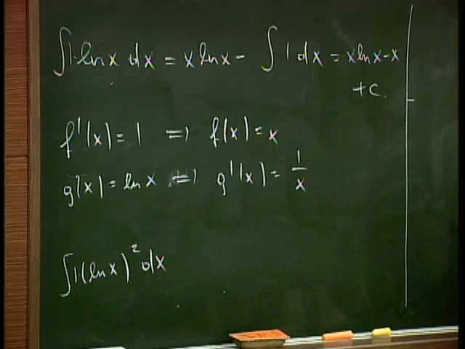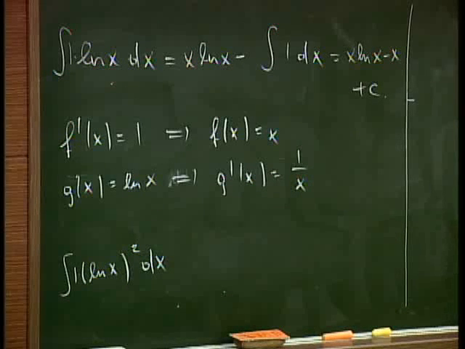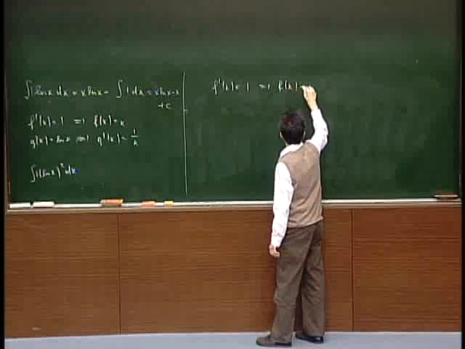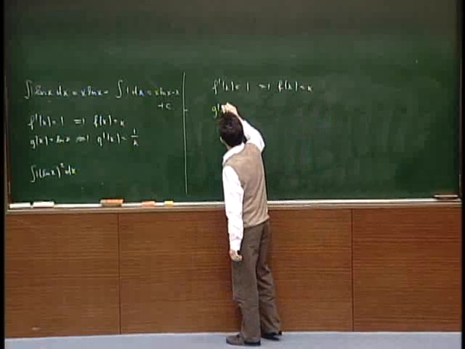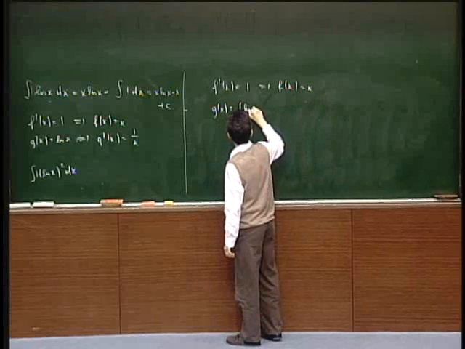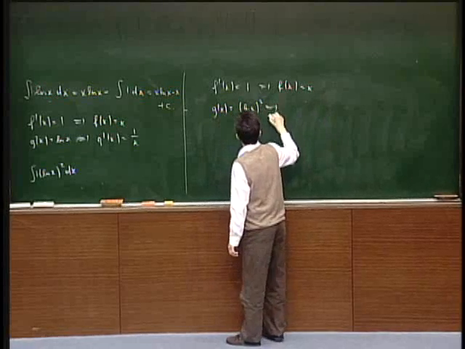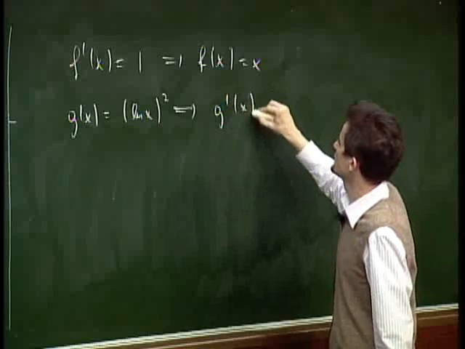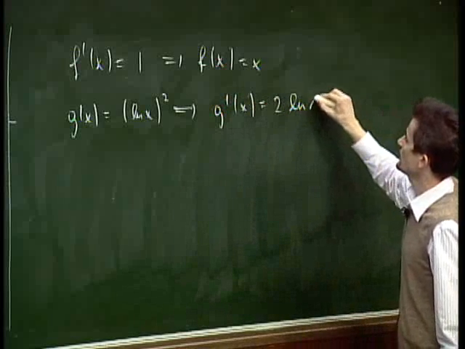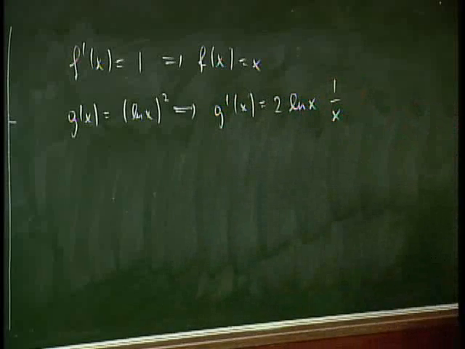Again you choose the derivative of f of x to be equal to 1. So the integral will be equal to x, and you choose g of x to be equal to ln x squared. Then the derivative is equal to 2 ln x times 1 over x.